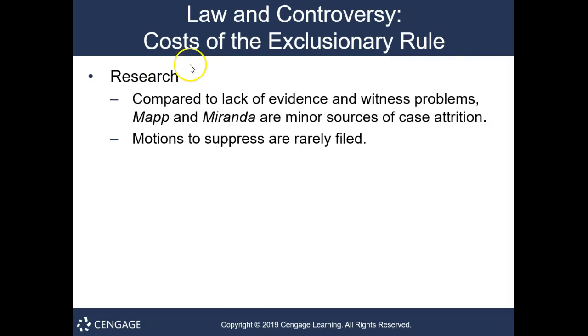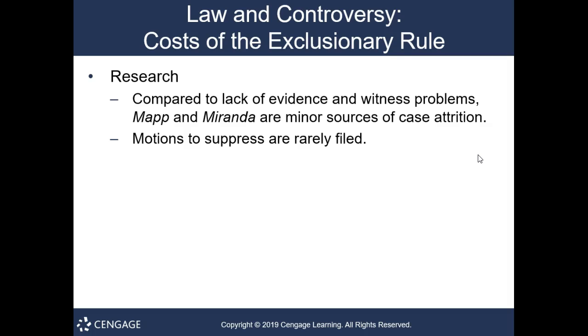What about the cost of the exclusionary rule? Let's compare to the lack of evidence and witness problems. Compared to the lack of evidence and witness problems, Mapp and Miranda are minor sources of case attrition, meaning a small number of cases will go away because of illegal searches or seizures or the failure to give Miranda warnings.